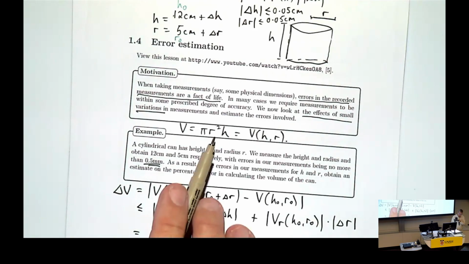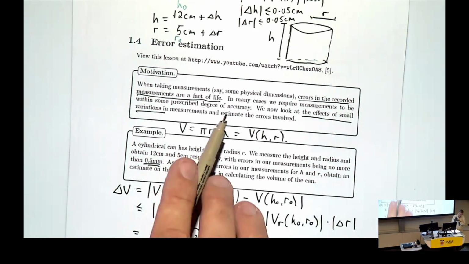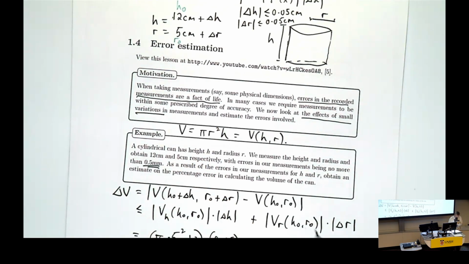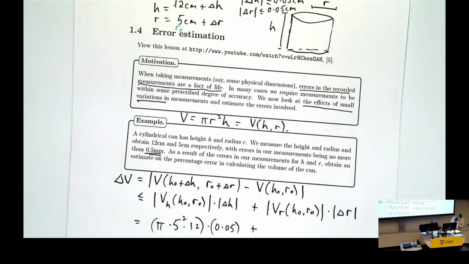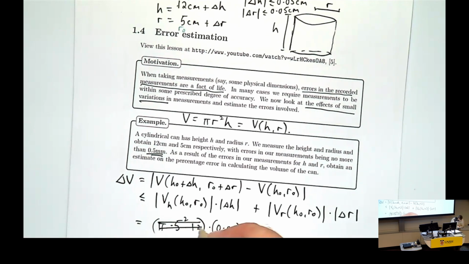Okay, so I've basically just gone up to my formula and put in R0 equals 5, H0 equals 12. And, oh, hang on. I haven't differentiated there. Hang on, I need to differentiate.